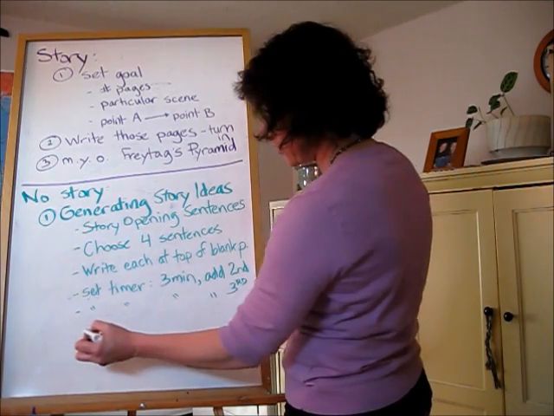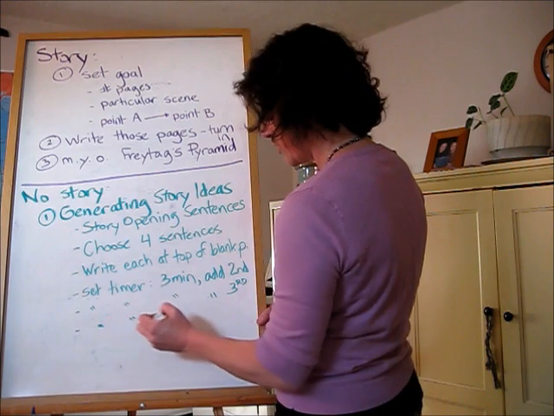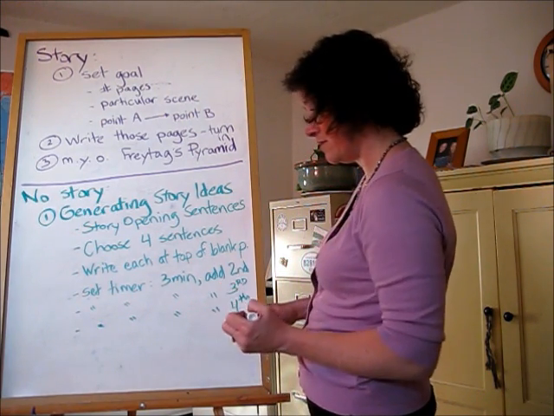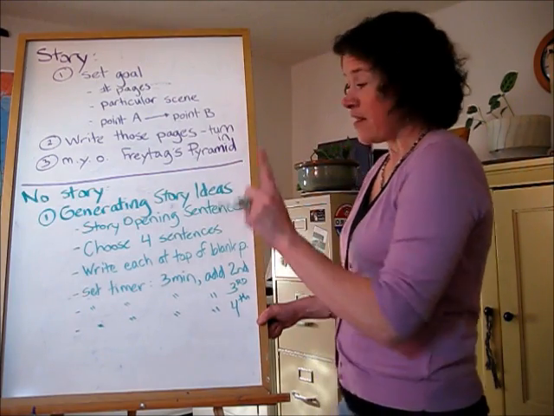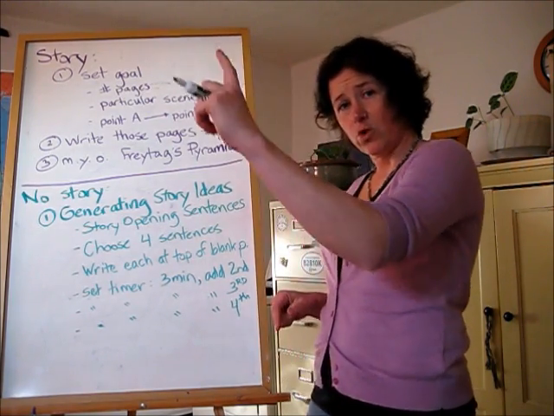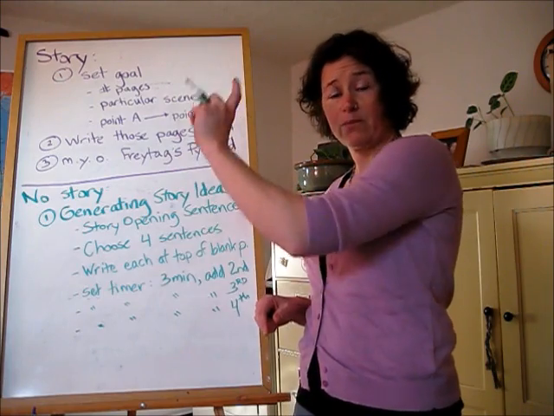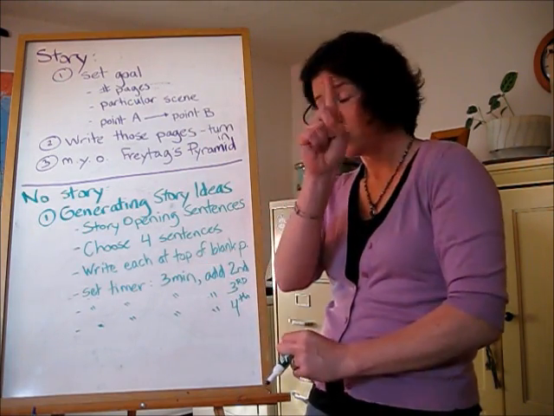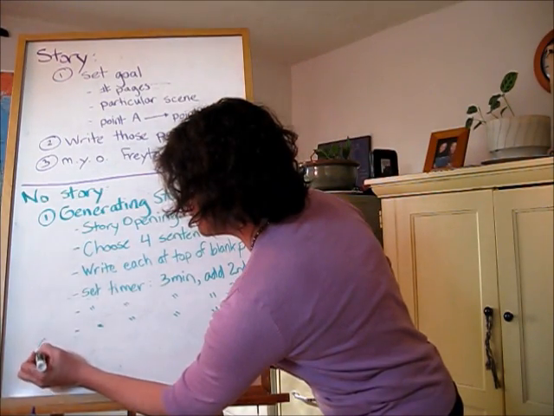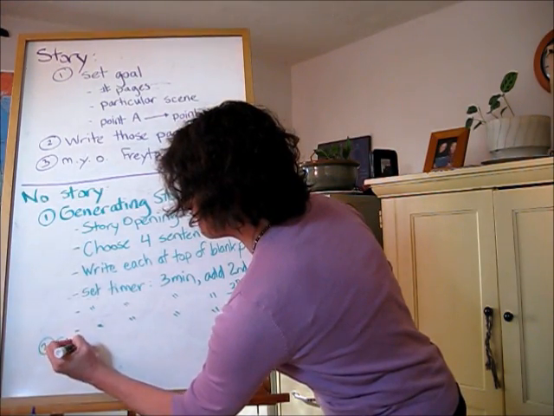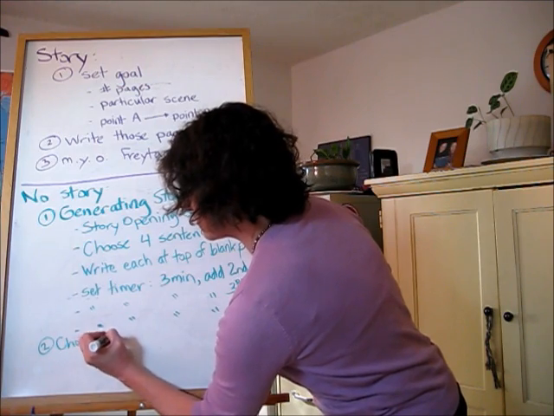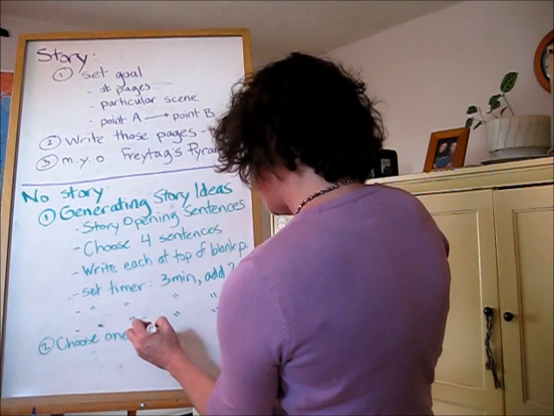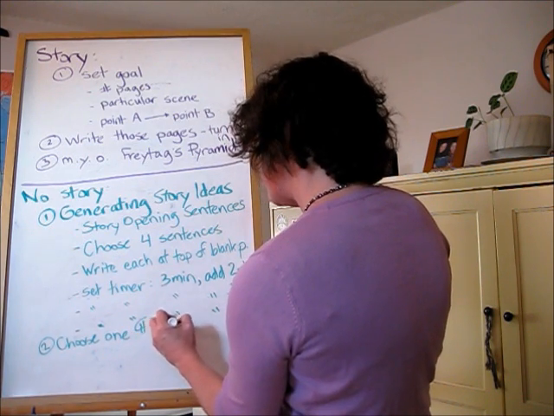When that 3 minutes is over, 1 more time, add a 4th sentence, and then you can take a little break. Then what you have at that point, you have 4 story openings, 4 separate paragraphs. Then you will look at those paragraphs, choose 1 paragraph, and continue it.